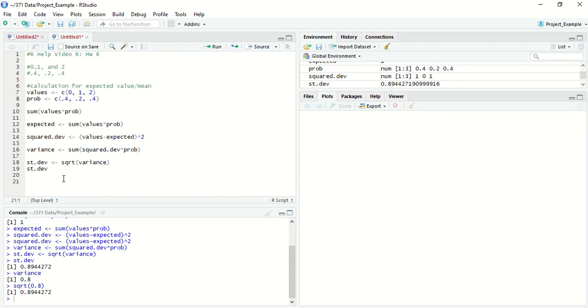Now let's do the same calculation but in a different format. Let's say we want to get the expected value of x plus y, and we also want to get the standard deviation of x plus y or x minus y, because they will be the same.